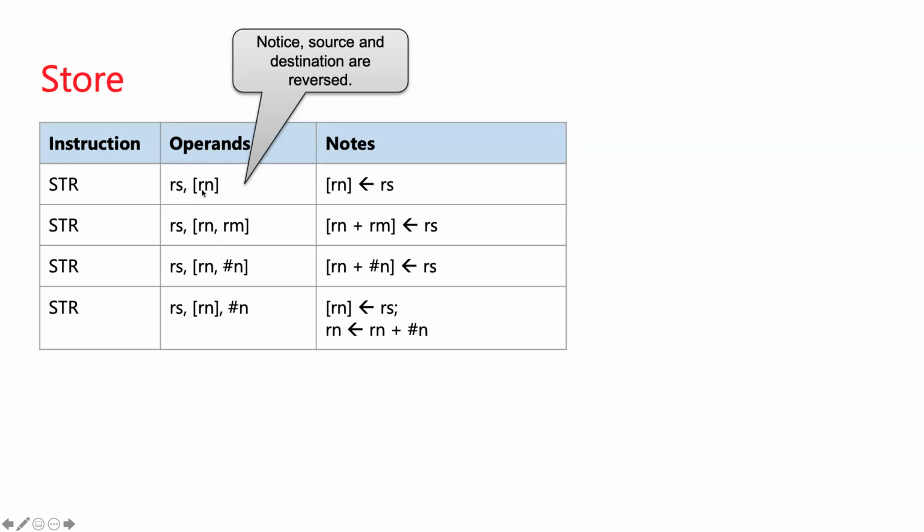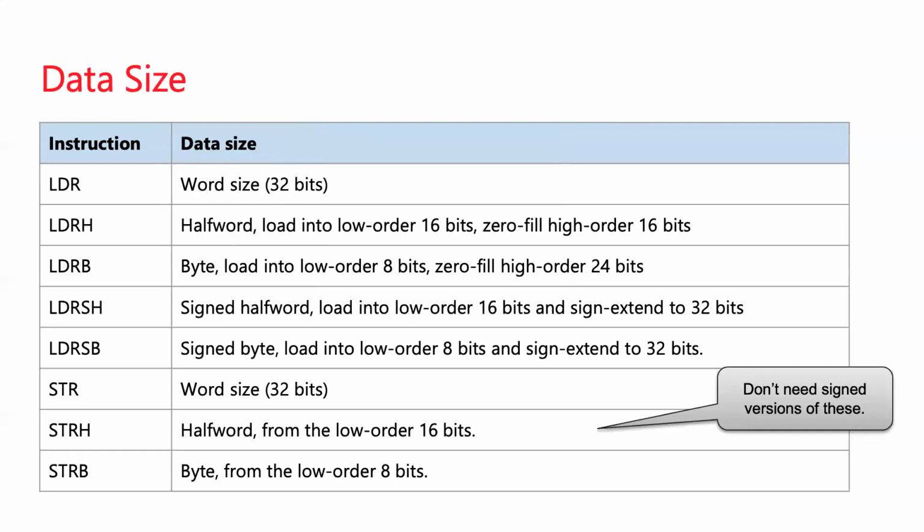So the loads and stores pick what goes into registers. The way I've shown them here, they all work on word-sized data, but they all take little suffixes that let you specify shorter amounts of data. So the forms we just looked at copy 4 bytes, 32 bits from memory, or in the store instructions, they write out 32 bits.